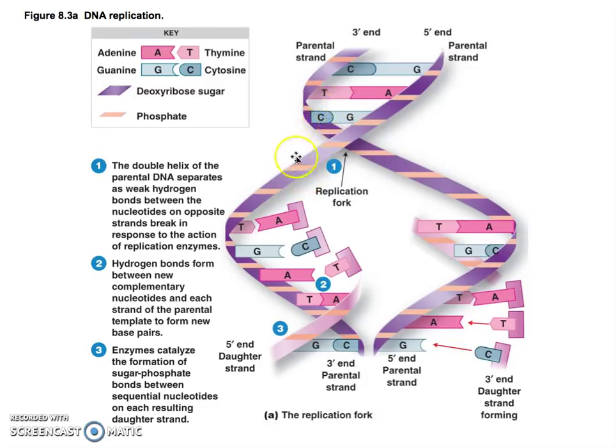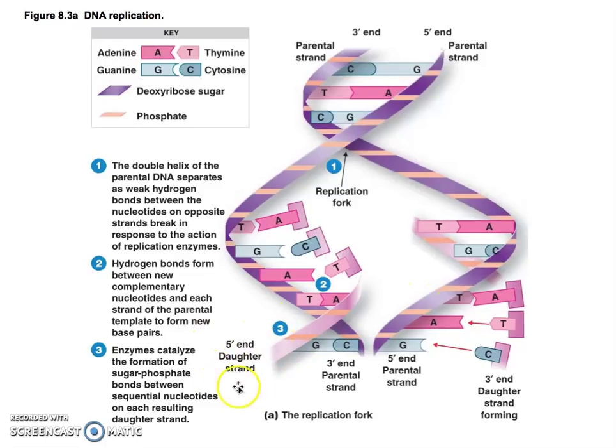So here is our double helix, and right here would be where the topoisomerase and the gyrase cut the DNA to relax some of the tension that's being put on the helix by it separating. This is our replication fork, and you can see our nucleotides appropriately matching with their complementary hydrogen bonds.